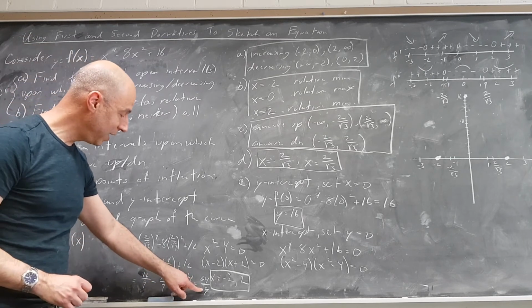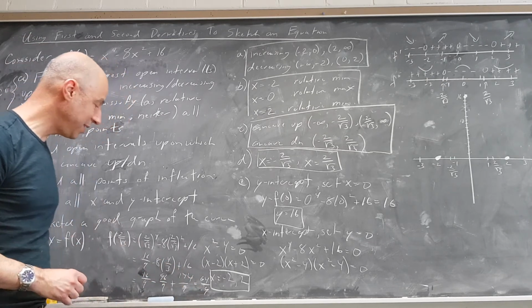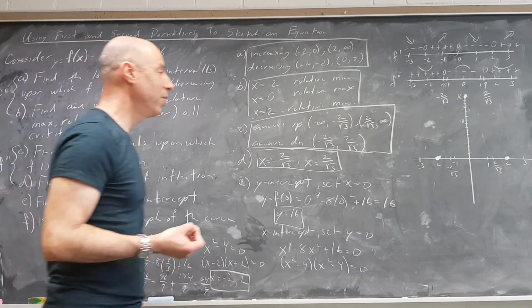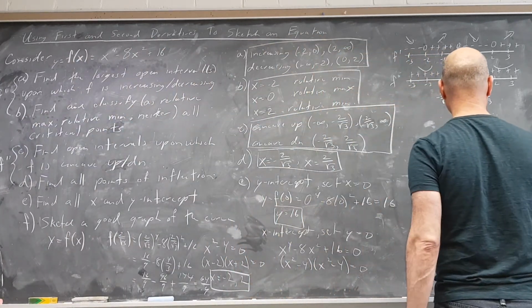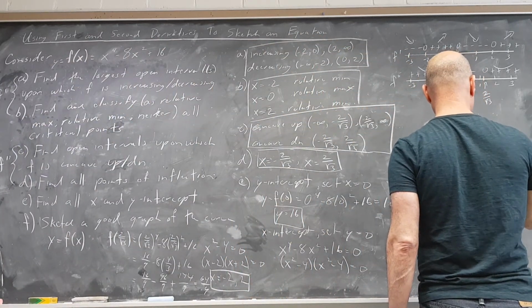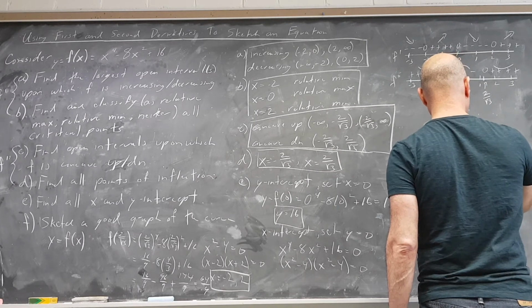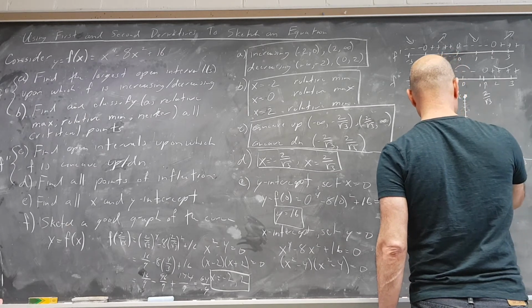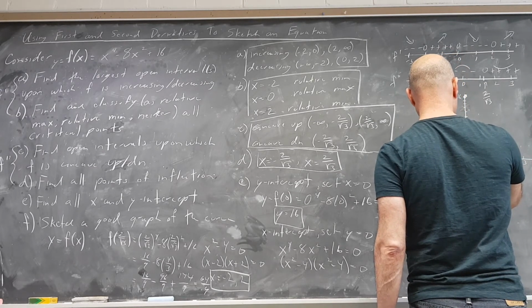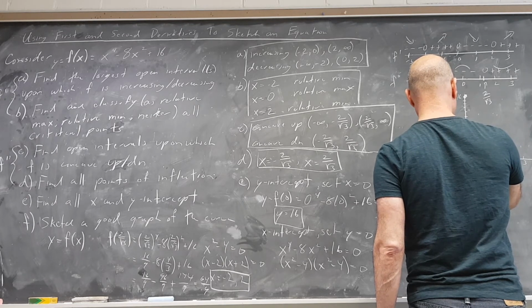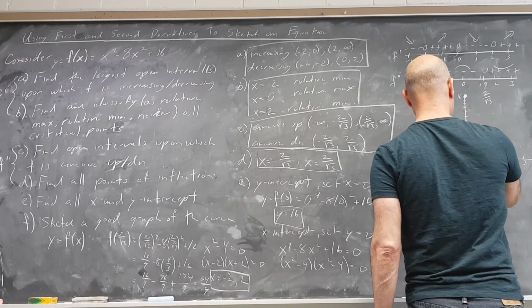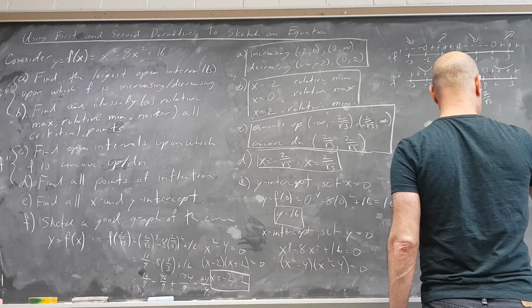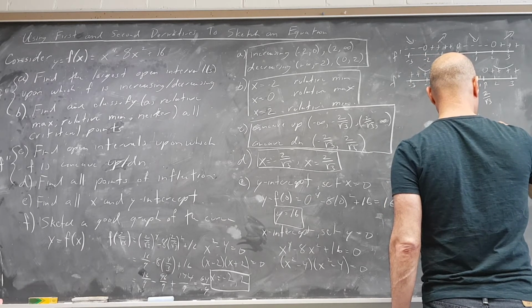But 64 over 9 is just a little bit bigger than 7. So 64 over 9 is just going to be a little bit bigger than 7. So 1, 2, 3, 4, 5, 6, 7. So at x equals minus 2 over root 3, I'm a little bit bigger than 7 there, and I'm a little bit bigger than 7 here.